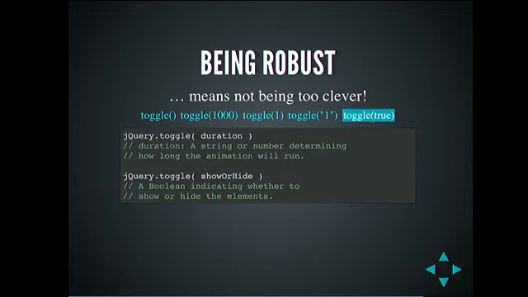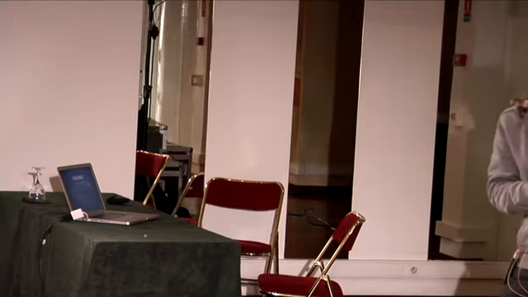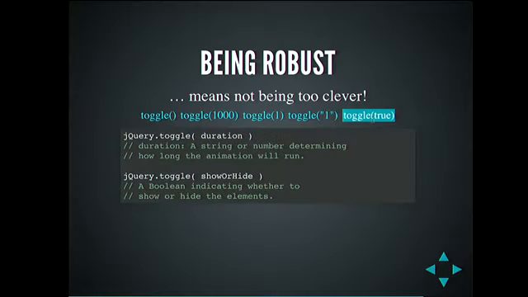This is incredibly hard to debug, because you could be getting these values from data attributes of your DOM nodes or from some user input. You yourself might not know if it's a string, an integer, or a boolean. And this is a problem, because every time I use the toggle function, I have to make sure this is actually a boolean. So again, I'm writing boilerplate code, prone to error.